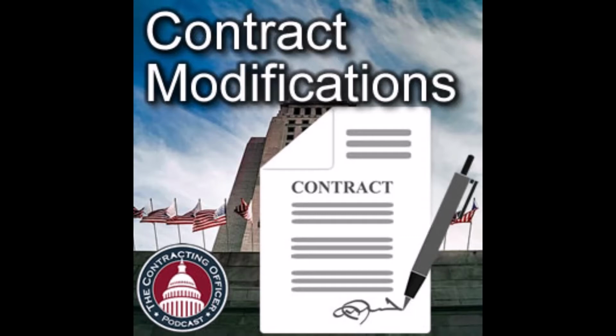I mean, that could be months, could be a year in some massive change, in the case of a really big deal. So what that means is, if you wait till the end, the contractor doesn't even start doing what you actually want them to do until you sign that mod.